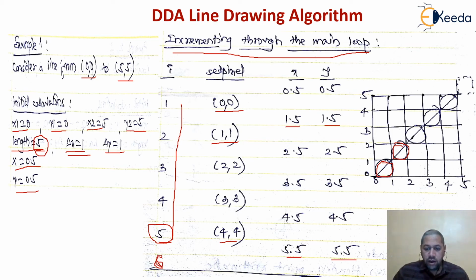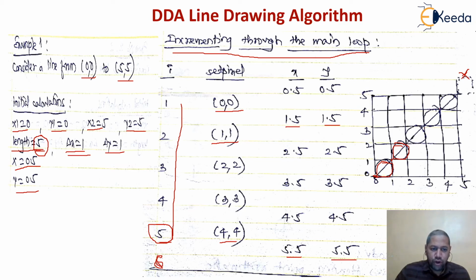Now you can find this is a very simple example of how the DDA line drawing algorithm works, and on paper we can calculate this. Here I have shown that the 0 0 pixel is addressed at this point, the 1 1 pixel at this point. Look at this particular diagram. 2 2 is addressed here, 3 3 here, 4 4 here. If I consider 5 and 5, you can find it is dotted here, meaning this pixel is not activated, because 5.5 will become 5.